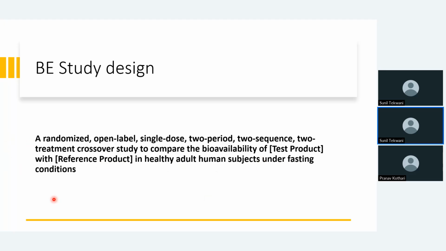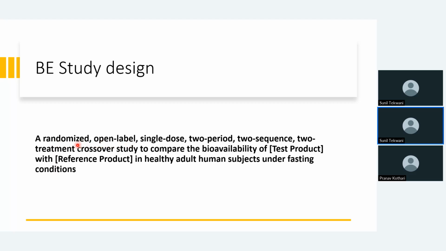And as a beginner in clinical research in bioequivalence studies, I always had doubts what all these terms mean. These are not just definitions, but through this terminology, you will be exactly able to understand the BE study design.